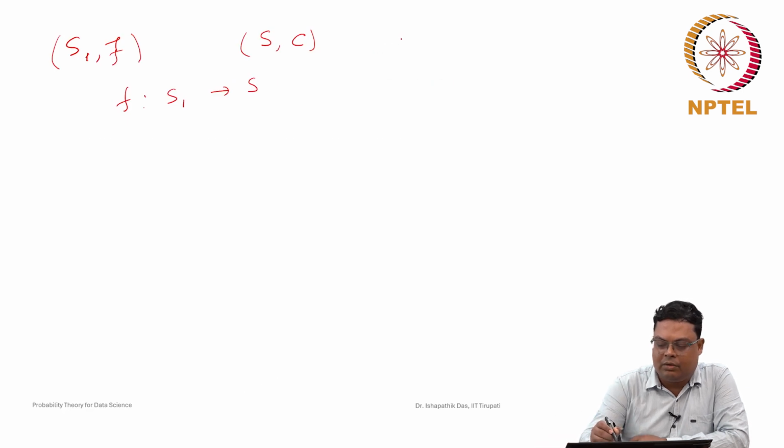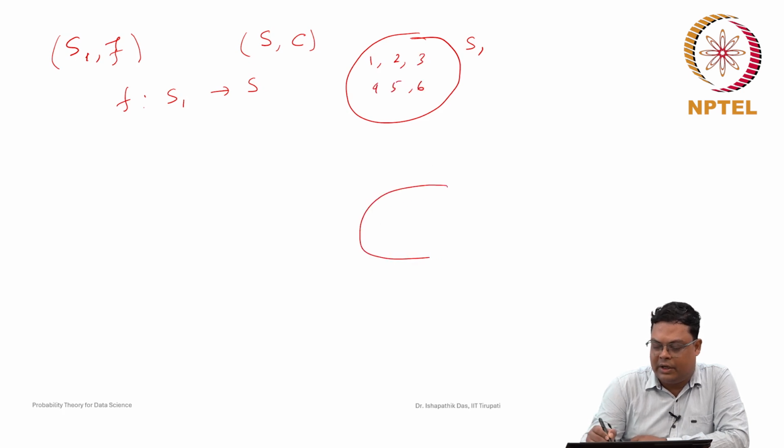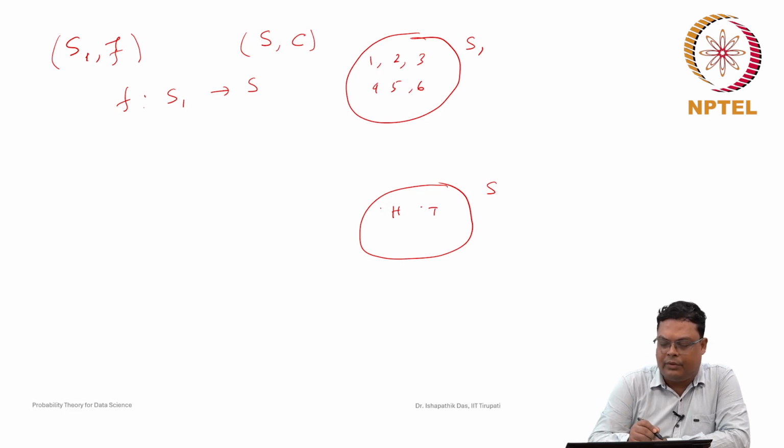Suppose S1 contains 1, 2, 3, 4, 5, 6, and S is the set with elements H and T, two elements. Suppose for all even numbers we map to head. Or let us consider a constant function.